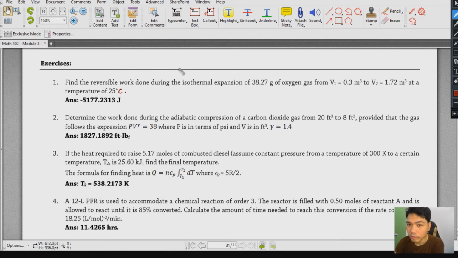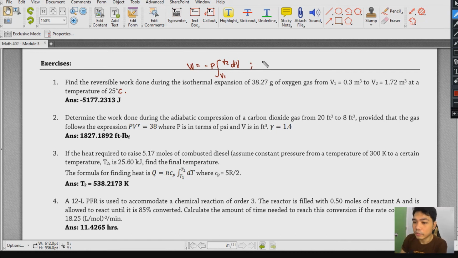We say that our reversible work is given by negative integral of P dV from V1 to V2. And we need to determine the work in the isothermal expansion, so that means our temperature is constant because it's isothermal. And then, what is our pressure?